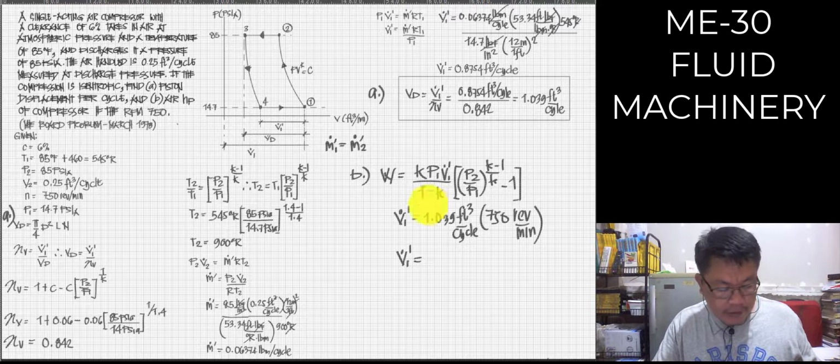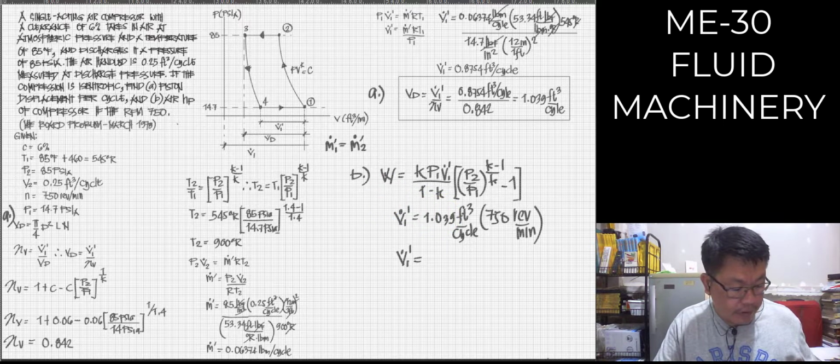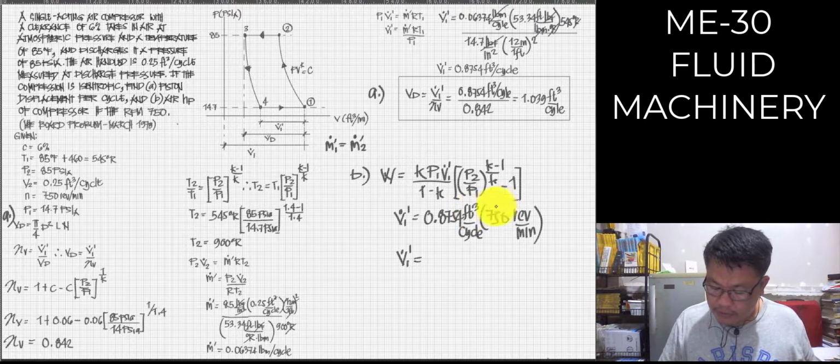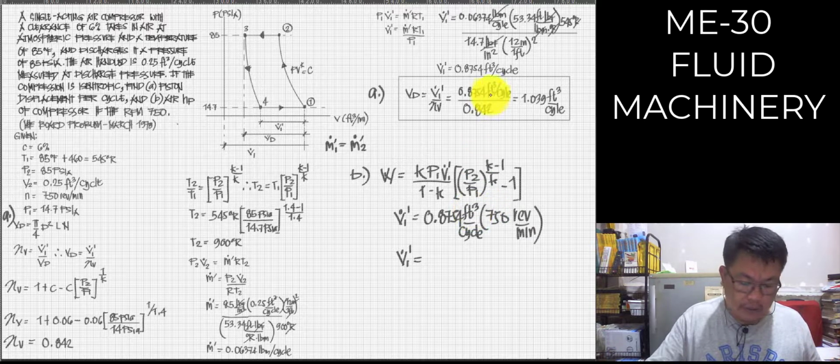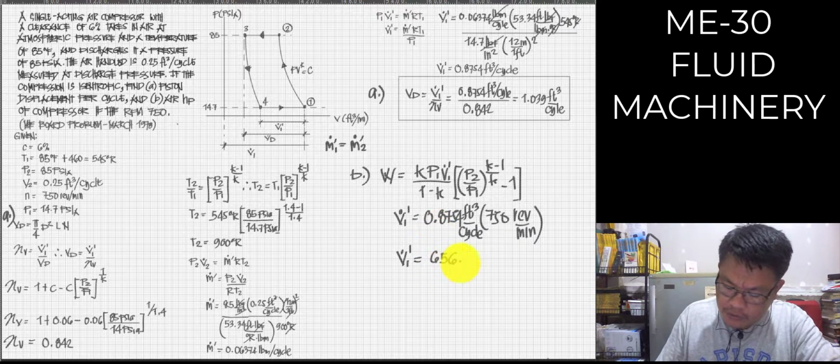I'm going to erase this and change it, replacing it for our V1 prime. So let's multiply this to get the value, 656.55, with the unit of cubic feet per minute.